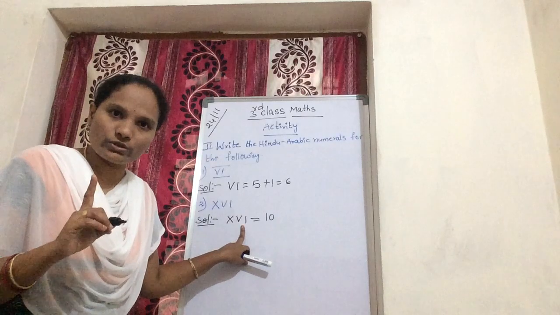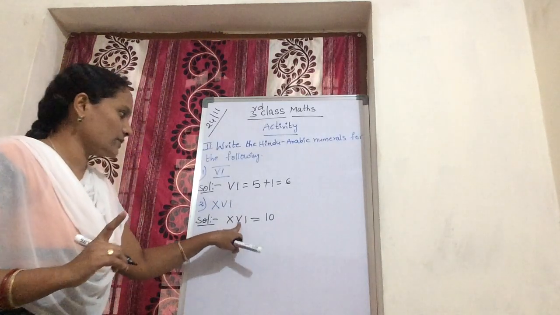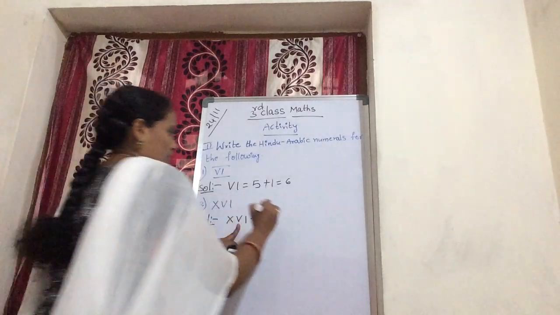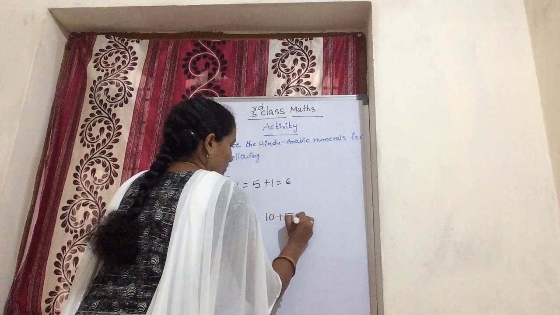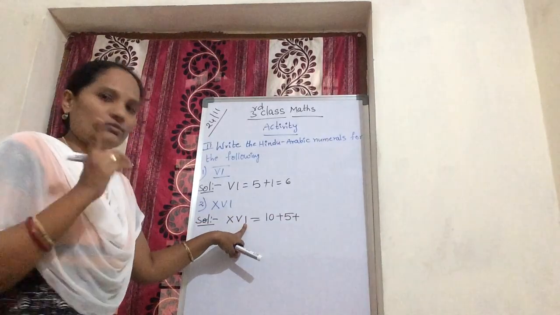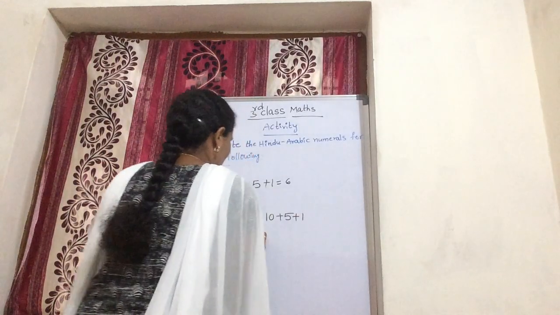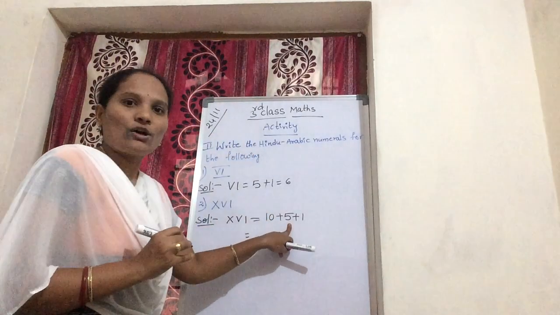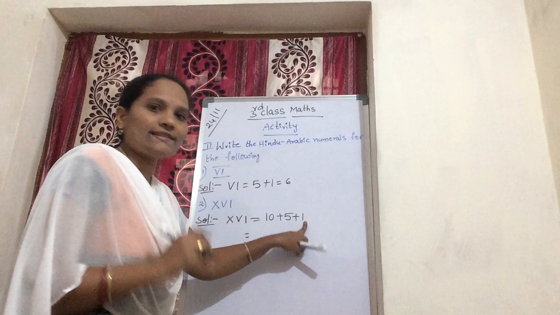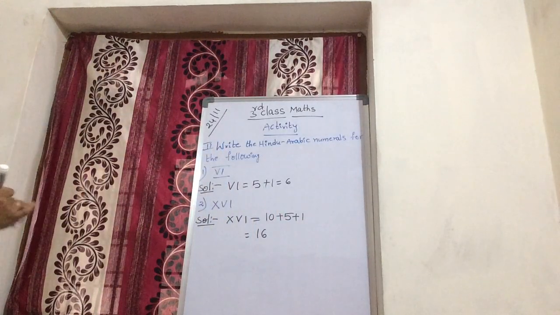It comes after, so do you do addition or subtraction? Addition. After comes, you do addition. Now plus 5. Again after V, what comes? I. I for 1. So 10 plus 5 plus 1. Now tell me, children, 10 plus 5 is 15. 15 plus 1 is 16. You get 16.